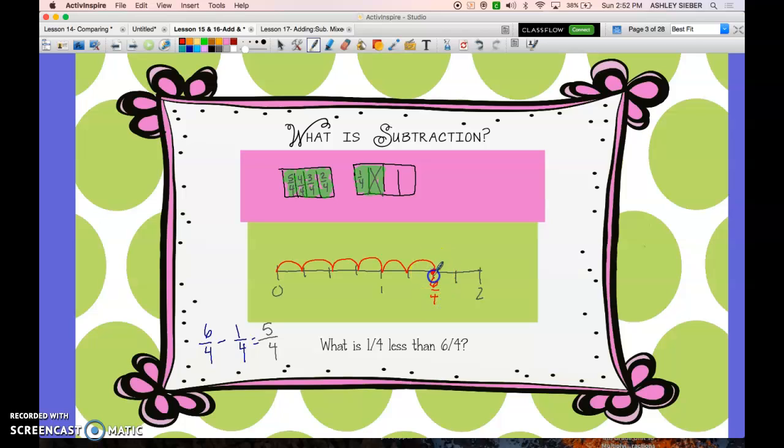And I'm going to go backwards 1/4. Now if I don't have my number line labeled, I don't know what this is. So it is always good to label your number line. I know 1 whole is equal to 4/4. That's another way that I can check to see, did I do my number line correctly? Did I chunk it up correctly? So 6/4, 1 less is 5/4.